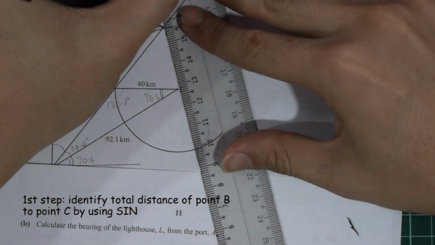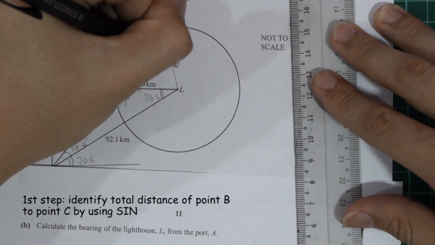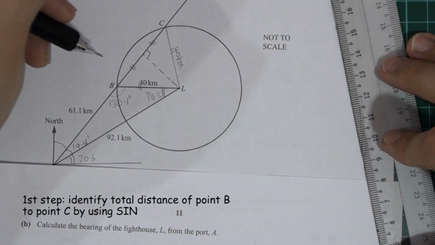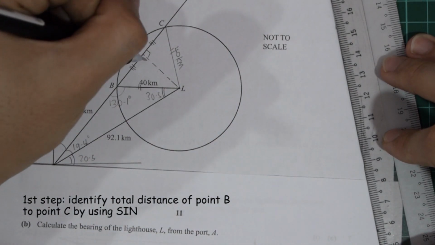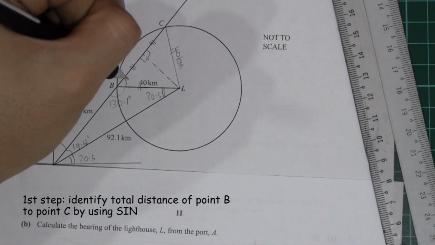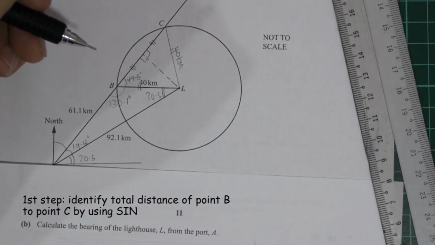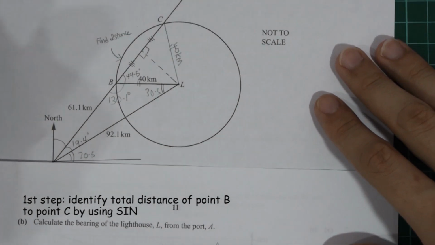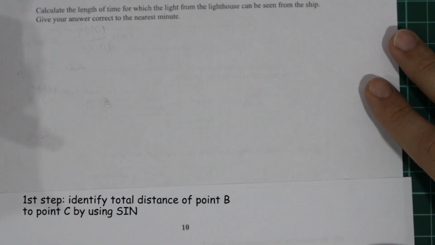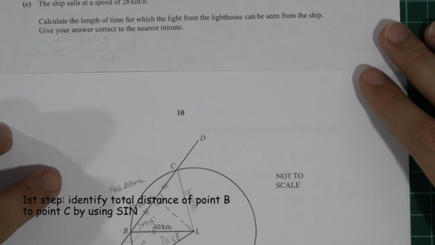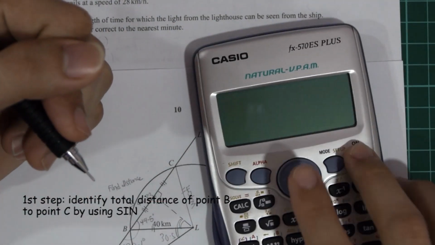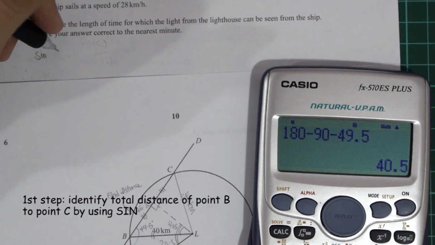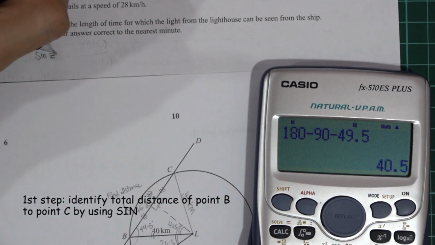So next, this question actually requires you to find BC, to find the distance of BC. Because with the distance, then you can calculate how long you can actually see the light by traveling at a speed of 28 km. Following question, you just use sine BL, which is 40.5.